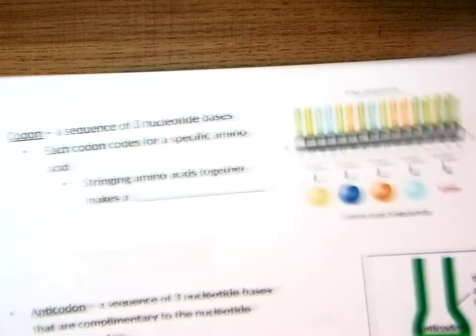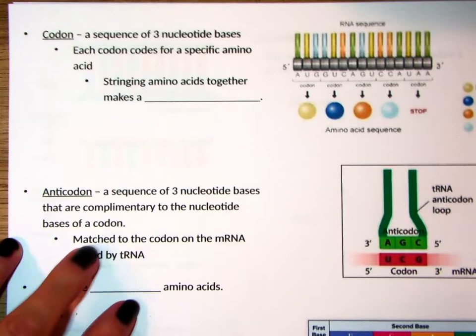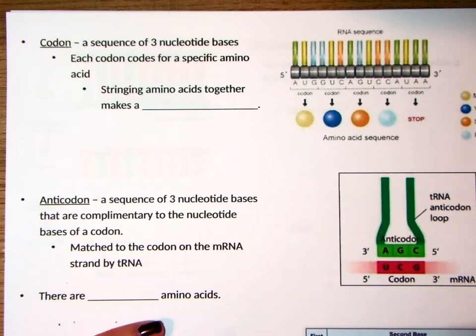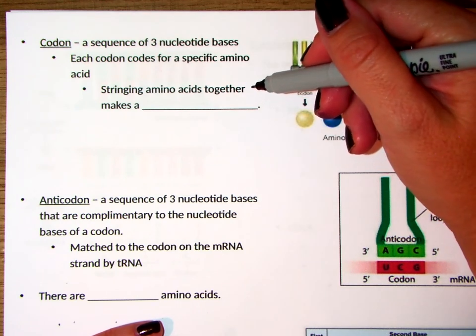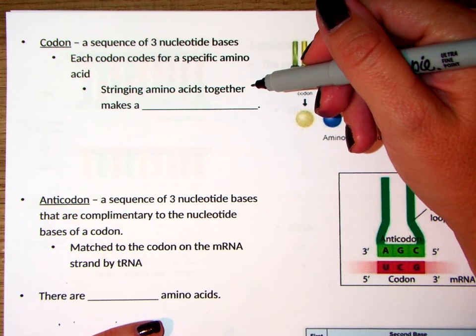Next page, a codon is a sequence of 3 nucleotide bases, and each codon codes for a specific amino acid. So if you remember our macromolecules unit, the monomer amino acids, when you put a bunch of those together, what's the polymer that makes?